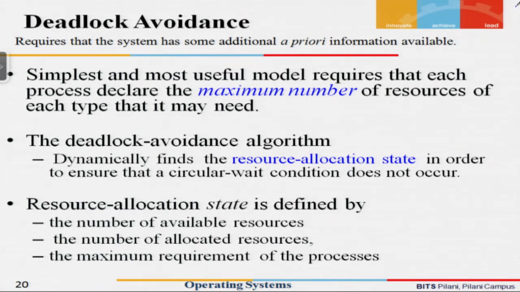This state can be characterized by the number of available resources in the system, the number of allocated resources, and the maximum requirement of a process. If these three pieces of information are known, then some algorithm can be worked out which can avoid the deadlock from occurring.